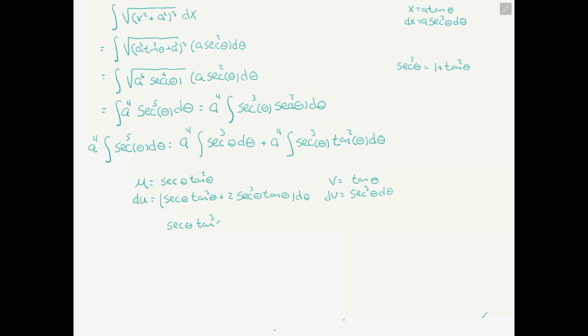And now we set to the task of using integration by parts. And as we can see, we have one integral where we have what we want, which is an integrand that is secant to the third tan squared d theta.